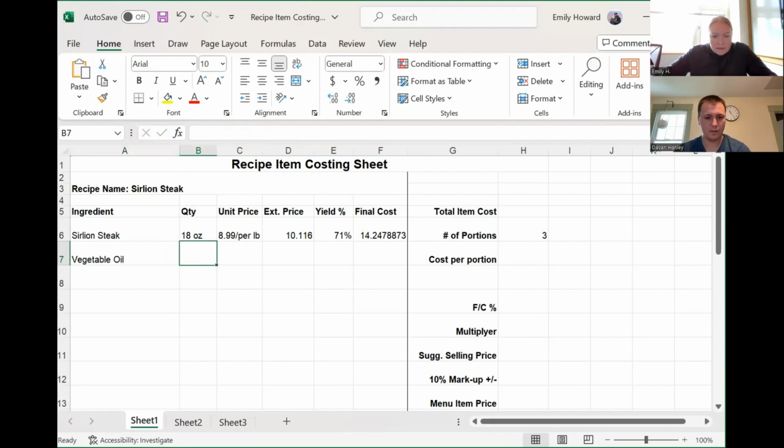Okay, and let's go back to my, oh, they have the little mini ones there. Okay, so Hannaford vegetable oil, 16 ounce, is $2.59.